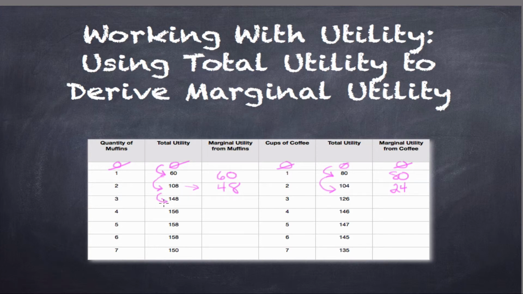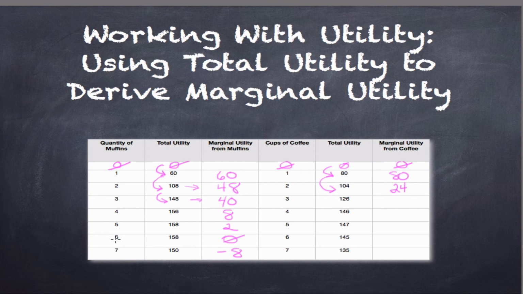Third muffin, I'm now at 148 in total satisfaction. I was at 108. That third one must have brought 40. And we can continue to derive these marginal utilities by the same approach. Now, we'll notice that these utilities that we're getting from each marginal cup begin to demonstrate our law of diminishing marginal utility, that each cup up to a point brings additional satisfaction, but it brings less and less satisfaction.